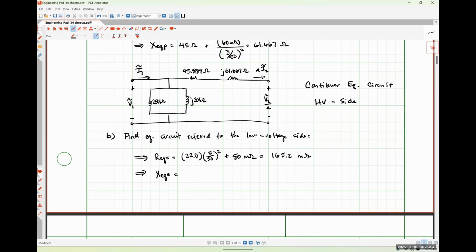For the reactances, we'll do something similar. That's going to be 45 times 3 over 50 quantity squared plus 60 milliohms, which I get to be 222 milliohms.